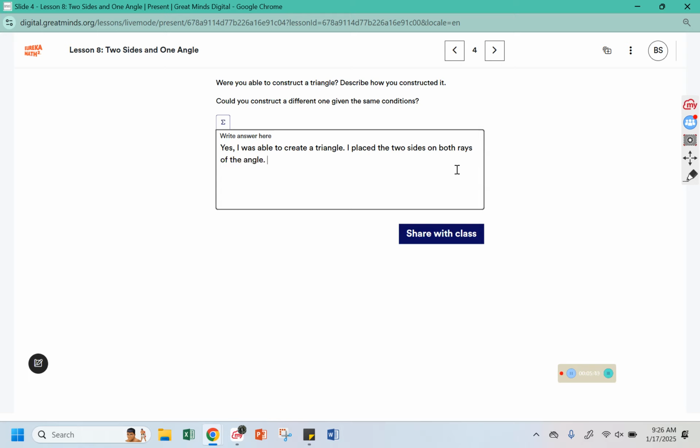Could you construct a different one given the same conditions? No. When I tried to create a different one, it was just a flipped over version of the same triangle I already made.